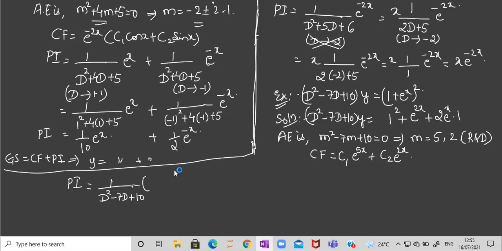How to write for 1? If any constant is there, how to write? e raised to 0x. Now 1 upon the same term operating on the second term, which is e raised to 2x. Now for 2 into e raised to x, you can take 2 outside.